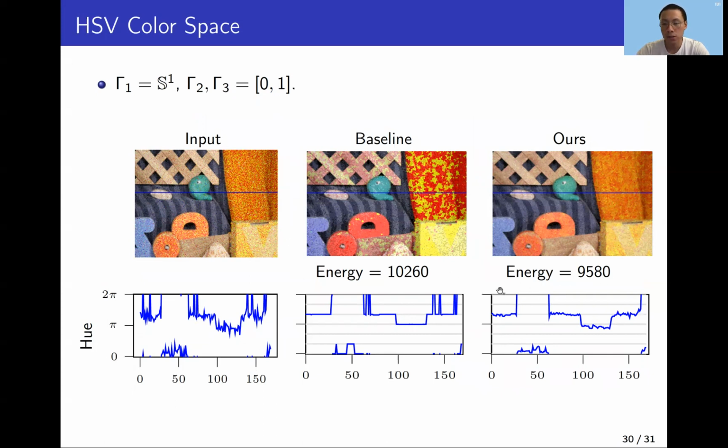Besides the lower energy from our method, if we look at the hue component from one row in this image, first, we allow the jump from the top to the bottom. That is because of the manifold here. And also our result doesn't have the bias of labels because we use Sublabel-Accurate.